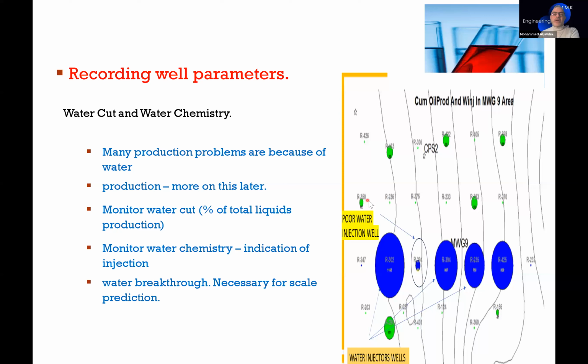And maybe, as we can see, there's a high water cut rise on those wells besides the oil rate. So it could be an indication that there is a need to take action to reduce that water cut. So we monitor water cut as total liquids from those wells, and see what type of fluid or water came to those wells.